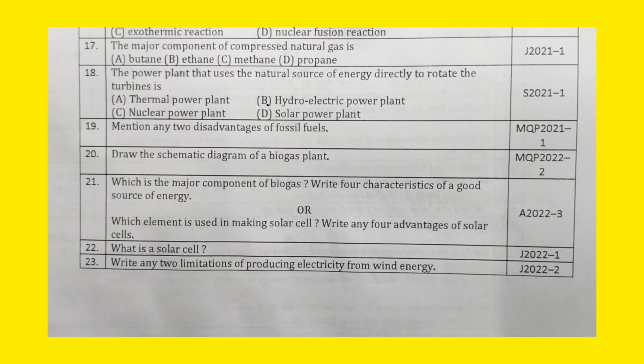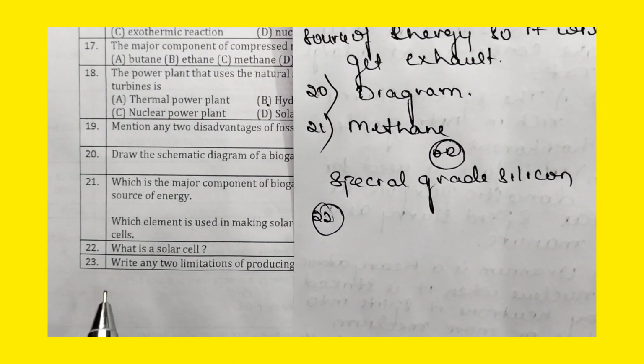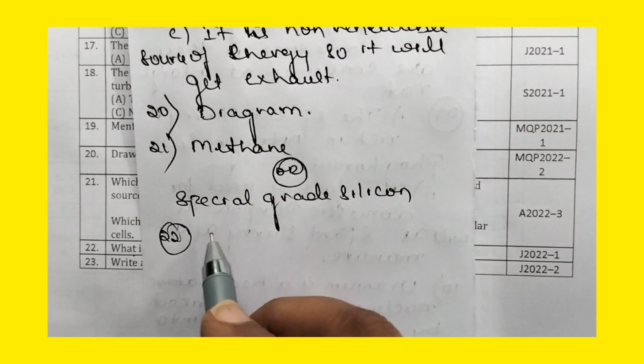Now let us move to question number 22. Let us see question number 22. In 22 the question is asked like this. What is a solar cell?